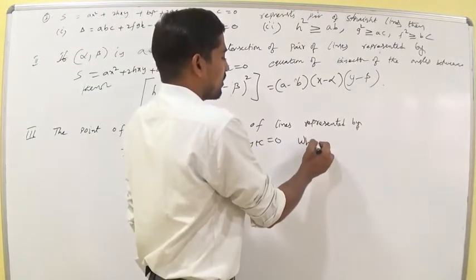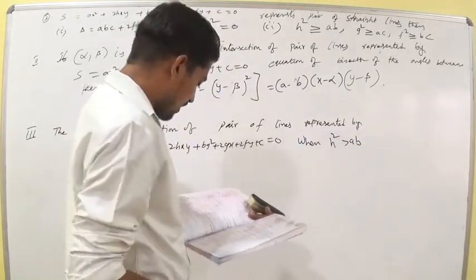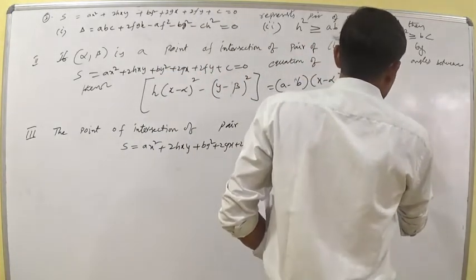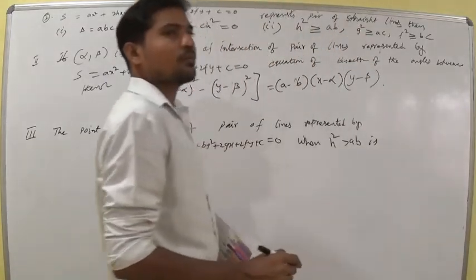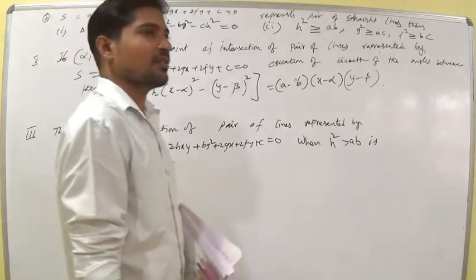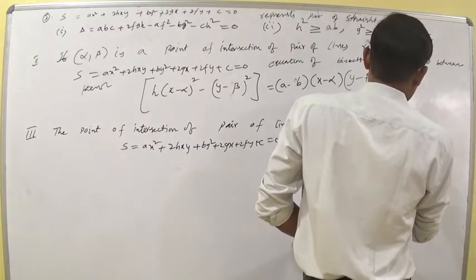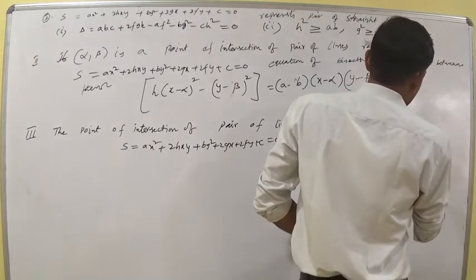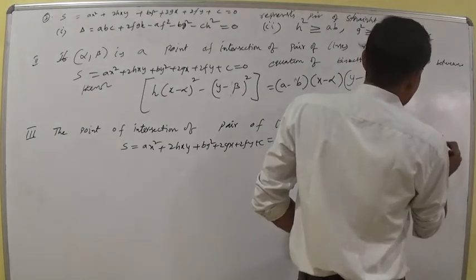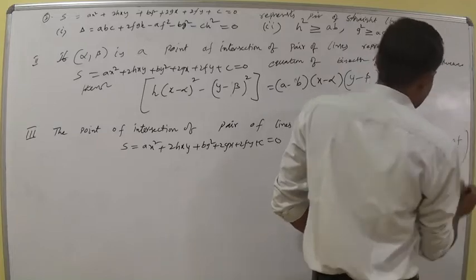When h square greater than ab, this also we know: the point of intersection is ((h f minus bg) by (ab minus h square), (gh minus af) by (ab minus h square)).